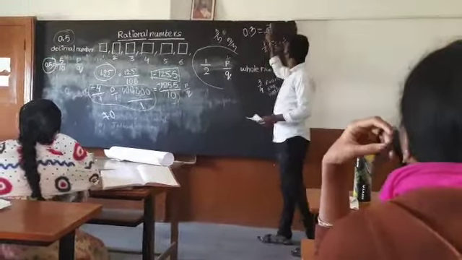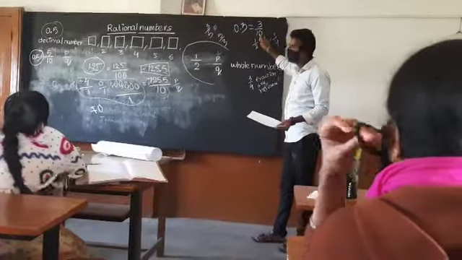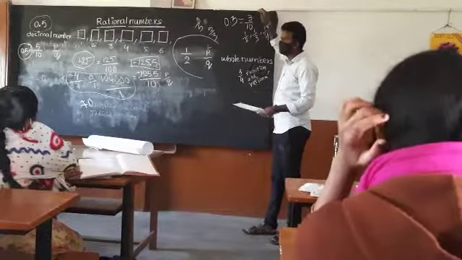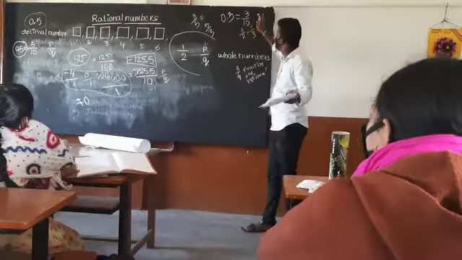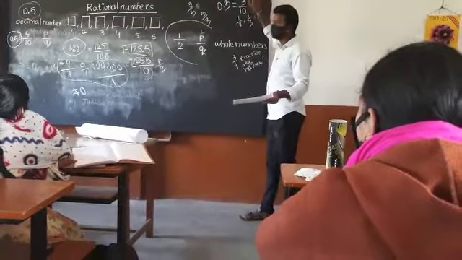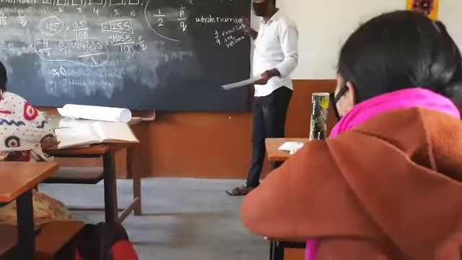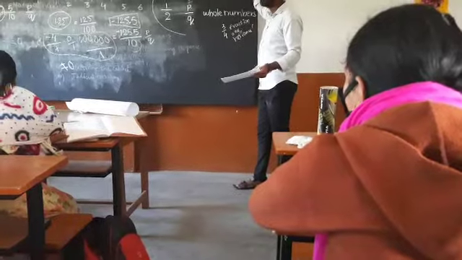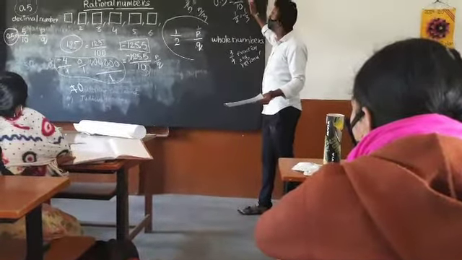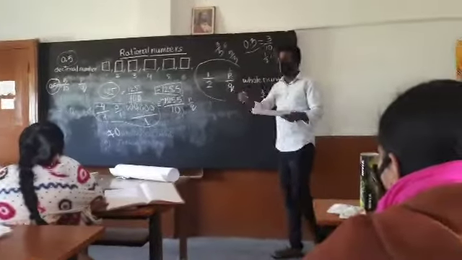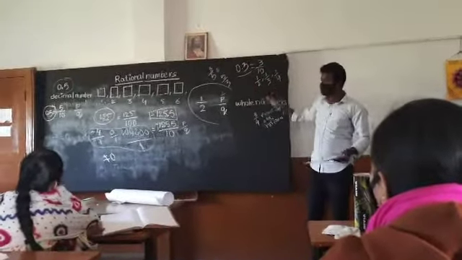And this is a P by Q form, and this is an integer. This is also an integer. We are not interested whether it is positive or negative. Integer, P by Q form. Q is not equal to 0. Hence it is a rational number. So 0.3 is a rational number because it can be expressed as 3 by 10.